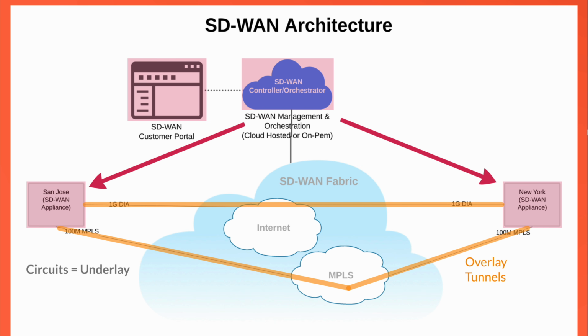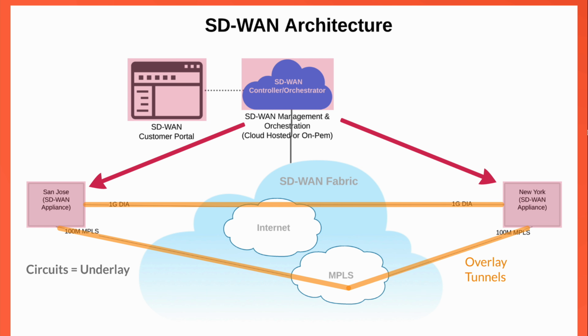Another piece I want you to be aware of from a terminology standpoint is that the circuits in the SD-WAN realm are called underlay. So you have the concept of underlay versus overlay. Overlay is the network we build on top of the underlay circuits that we may have. So you may have an internet circuit, MPLS circuit.